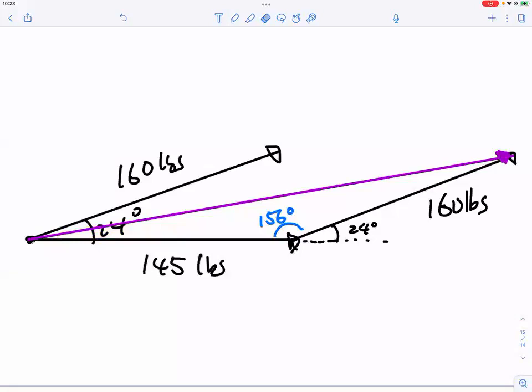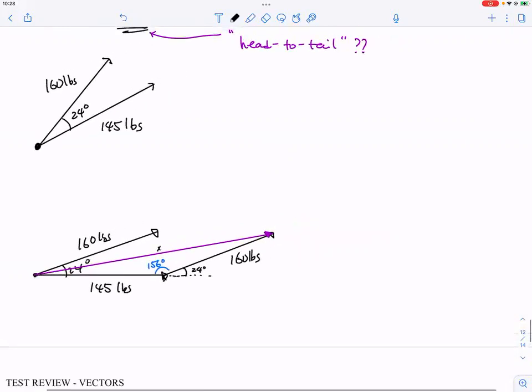And the other thing is, we don't actually care, because to find the magnitude of the resultant right here, we have what we need: the two sides, and the big angle, which is 156.